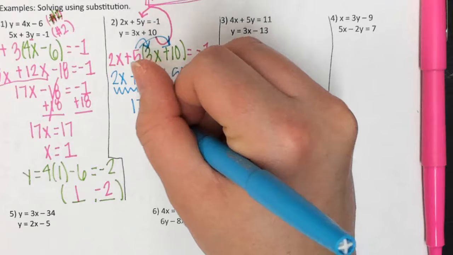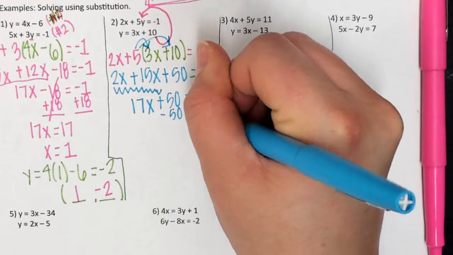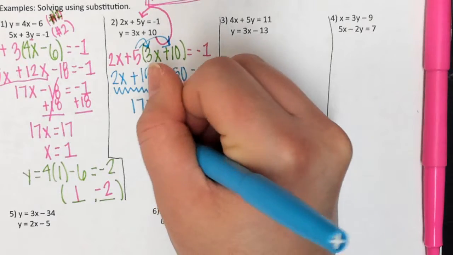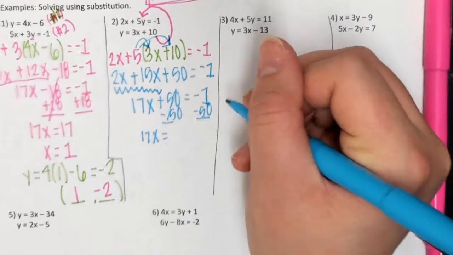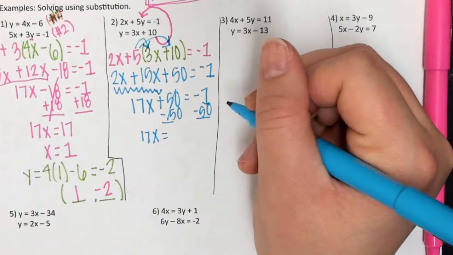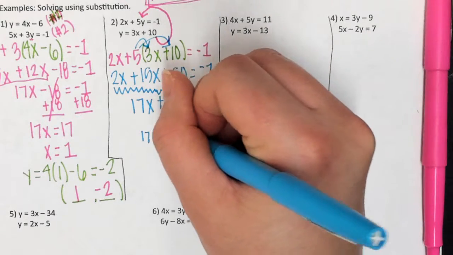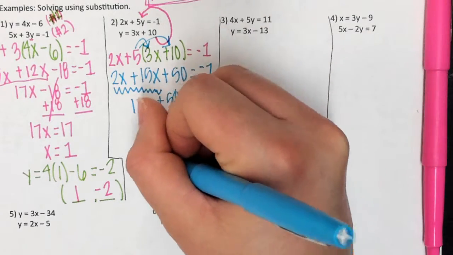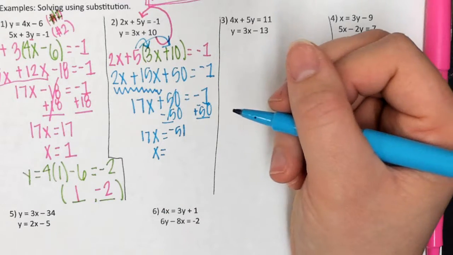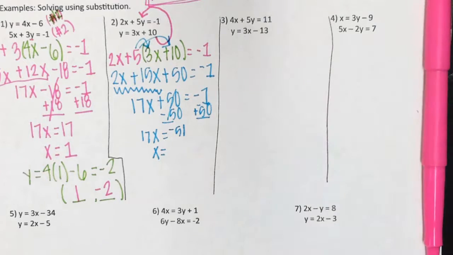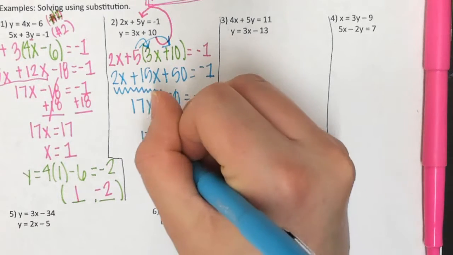Good. Subtract 50. 17x is equal to -51, right? Keep it, switch, -51, so x is equal to, what is -51 divided by 17? -3.